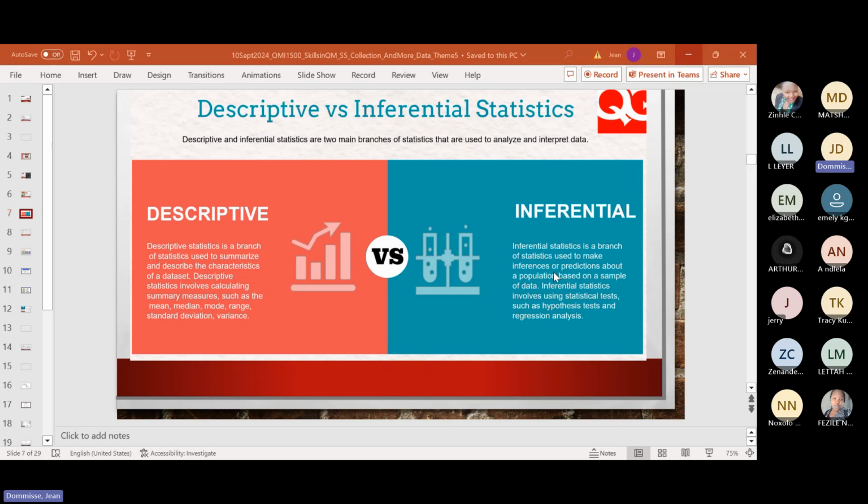But inferential statistics is that we will say, okay, according to the last week of information that we have, we predict that next week there will be rain or there will be something different or the temperatures will increase. So descriptive describes, inferential will then start predicting for you.